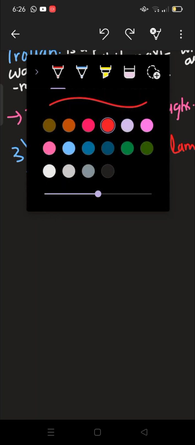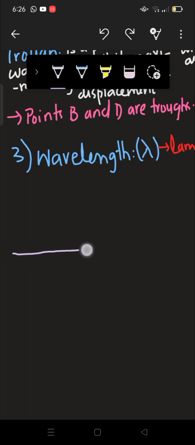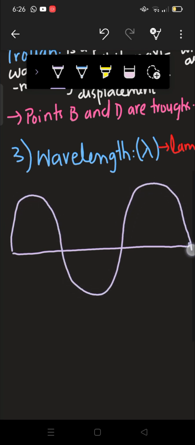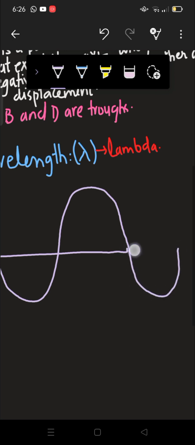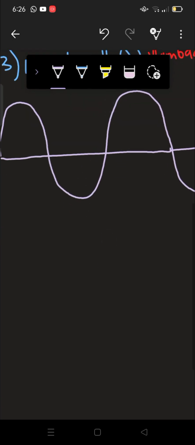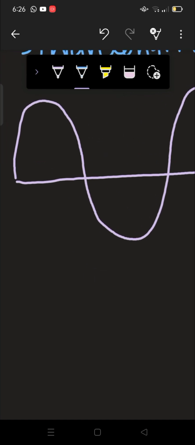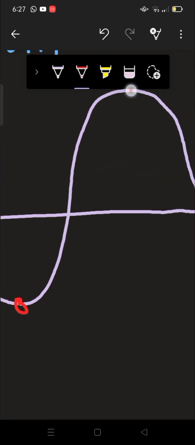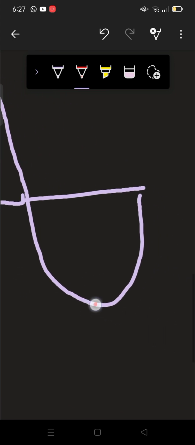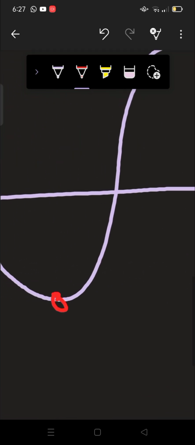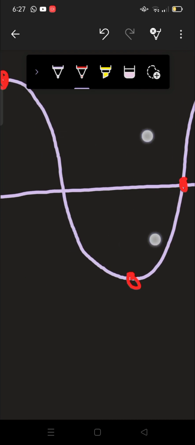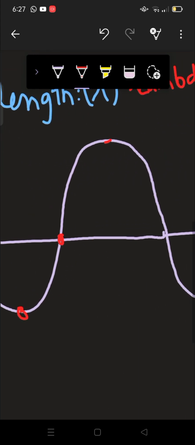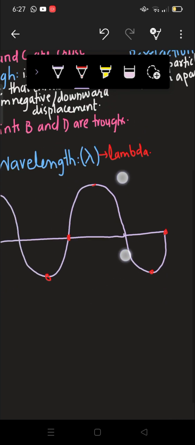So let me make the diagram first, so that it can be easy for me to explain to you guys. Let me make the crust first, as we have talked about crust just now. Trough, then we have crust, and then we have trough. Here one wave completes, and here another wave completes.